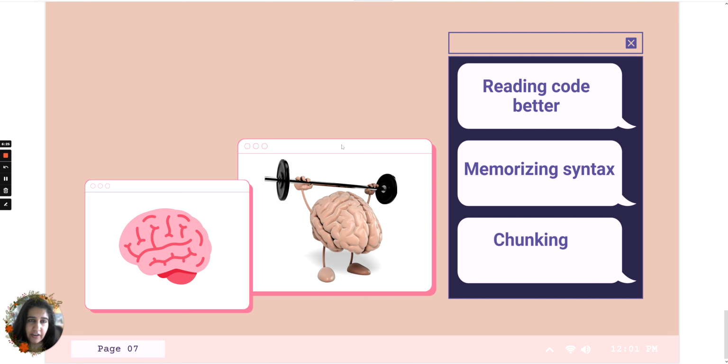Chunking is very useful, and I would suggest you also look at, I think Coursera has this course called Learning How to Learn, and they go over chunking extensively. But basically, all three cognitive processes are interconnected: LTM, STM, and working memory. Strengthening all three of them will help you lay a foundation on which you can better learn tech.